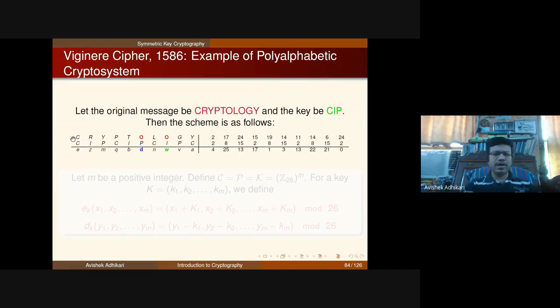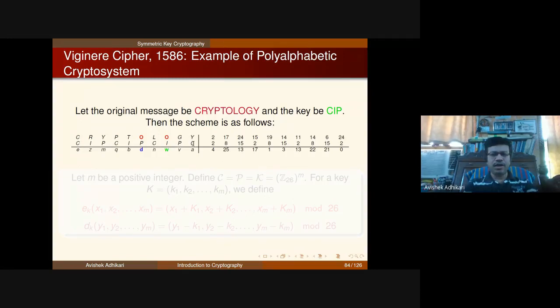I can write it here, and if I put a roll number on that, like A is 0, B is 1, C is 2, etc., then the value of C is 2. So I put it here 2. The value of R is 17 and so on. So this is my plain text. I convert it in terms of their roll numbers. So this is my key. I'll just repeat my key, CIP, again CIP, again CIP, and there are 10 alphabets.